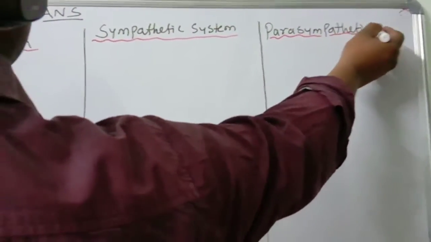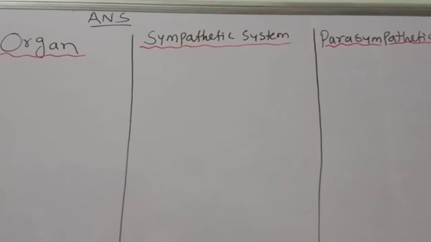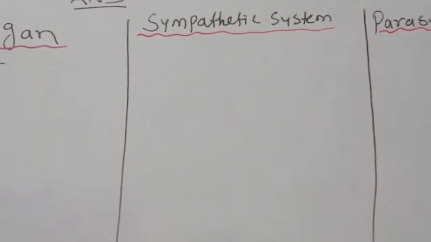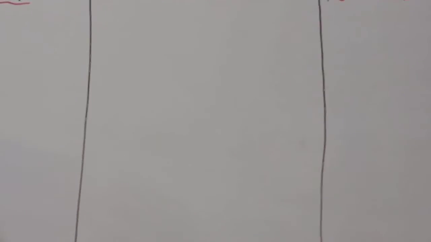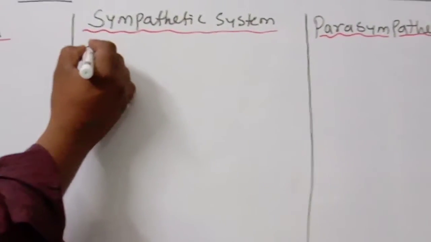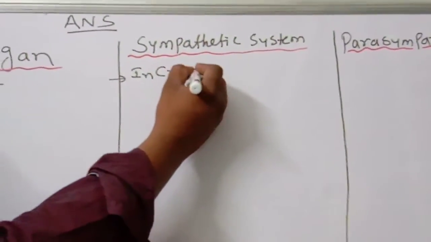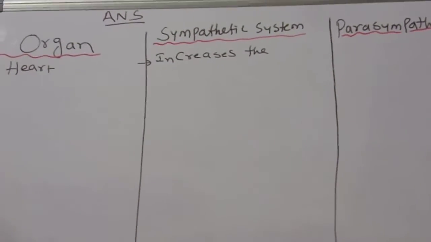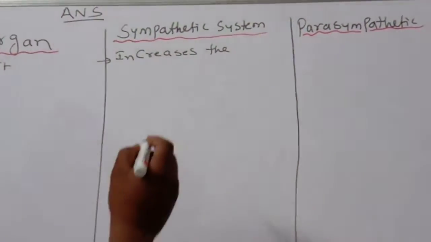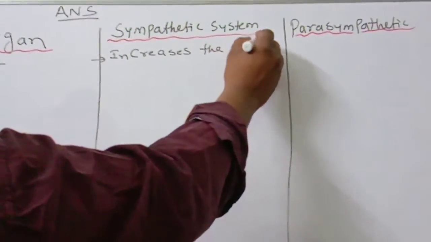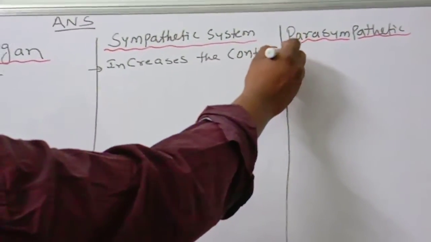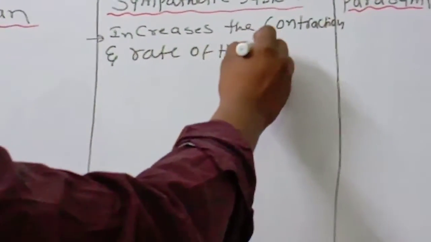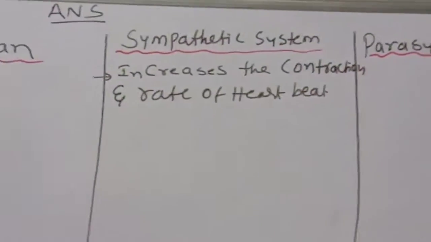Okay, the first organ is the heart. What will sympathetic do on the heart? It increases the contraction and rate of heartbeat, the sympathetic nervous system.